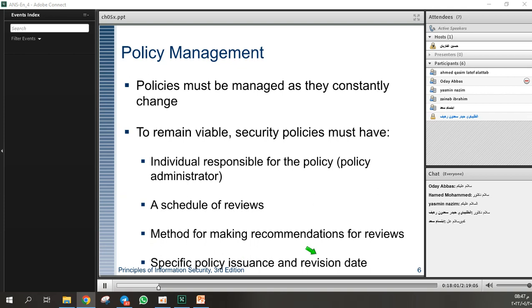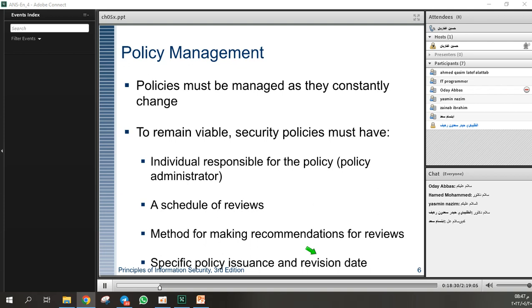So we need to prepare some methods for this, and we need specific policy issuance and revision dates. The last time that this policy was revised was, for example, January 1st, 2021. Oh, 1 year ago. Yes. The last revision happened last year.